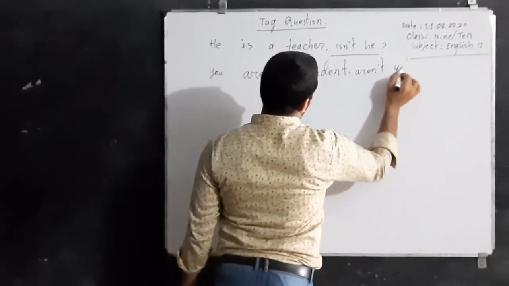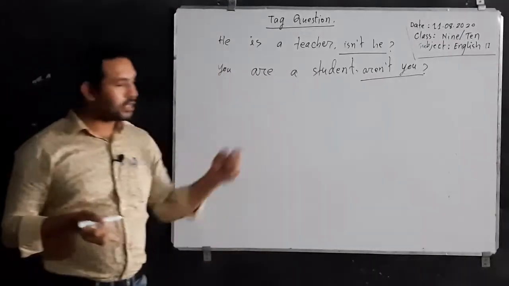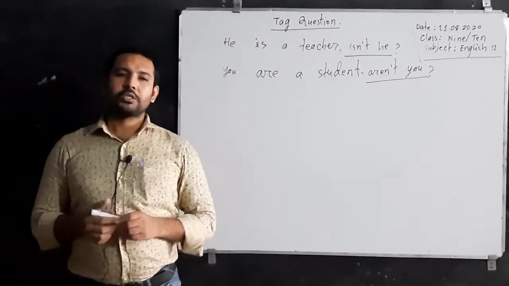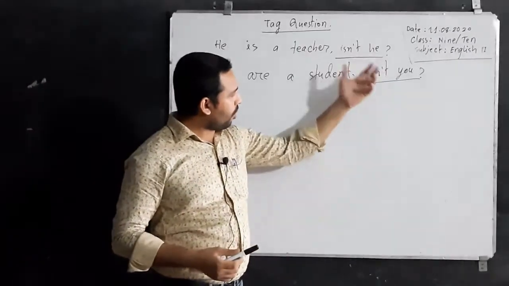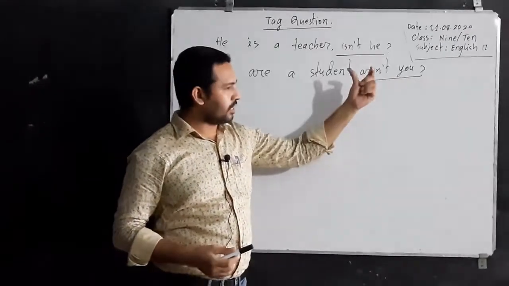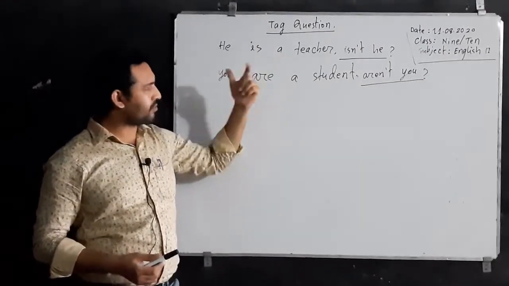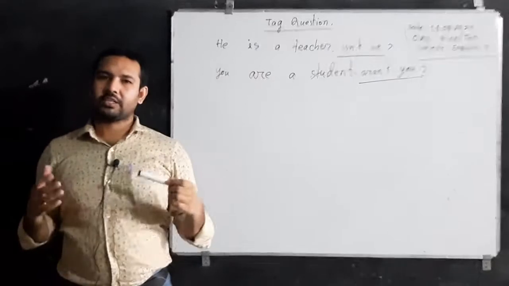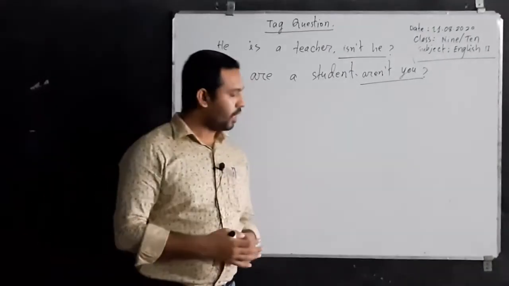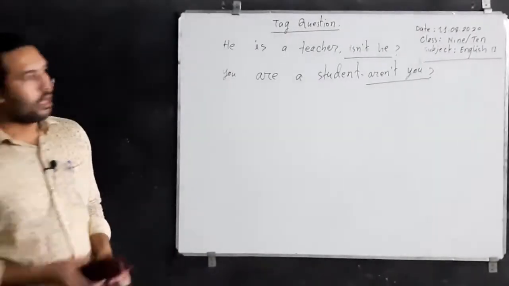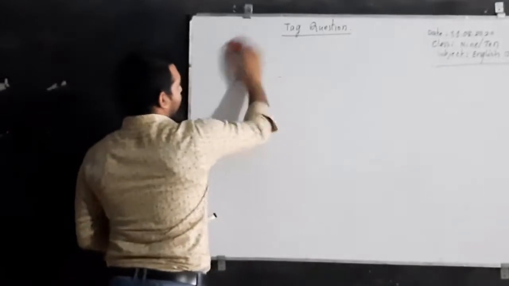Here, aren't you is a tag question. So if we attach any short interrogative sentence after a statement or after an assertive sentence, it is called a tag question. Tag means to attach, to fix with something. Okay. We should know the structures.